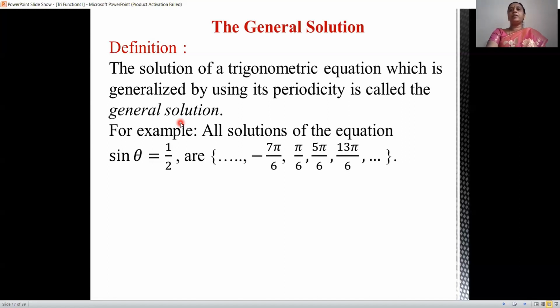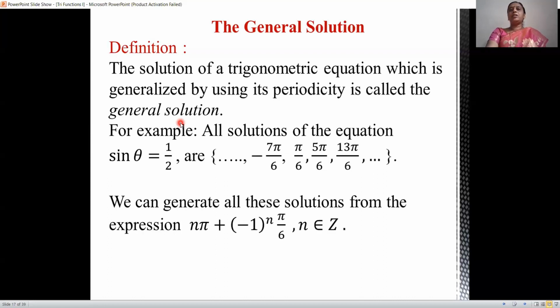For example, all solutions of the equation sin theta is equal to half are pi by 6, 5 pi by 6, 13 pi by 6, and here negative 7 pi by 6, like that, etc., up to infinity.